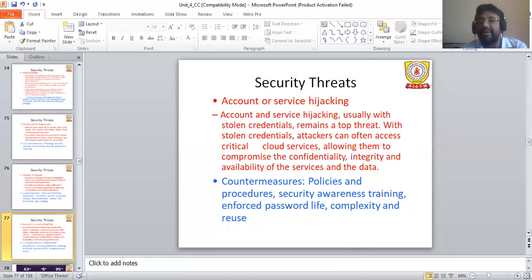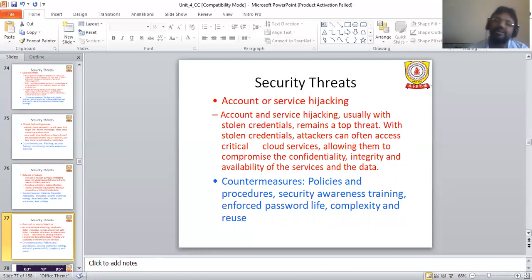Next is account and service hijacking. With account and service hijacking, stolen credentials remain one of the top threats. With stolen credentials, attackers can often access critical cloud services, allowing them to compromise the confidentiality, integrity, and availability of the service and the data. So countermeasures are policies and procedures, security awareness training programs, and enforcing password life, complexity, and reuse.